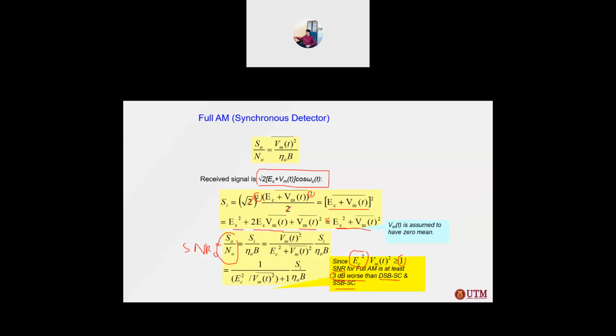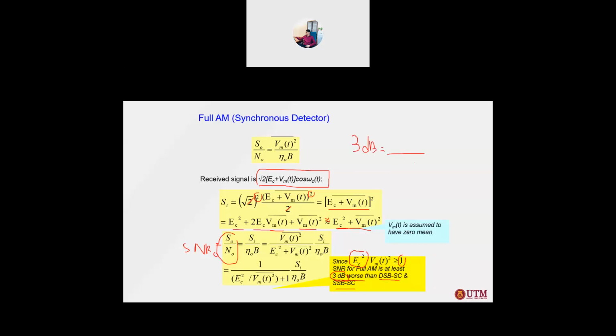So what is 3 dB? How do you know this? For 3 dB, you convert to linear, the non-log form.